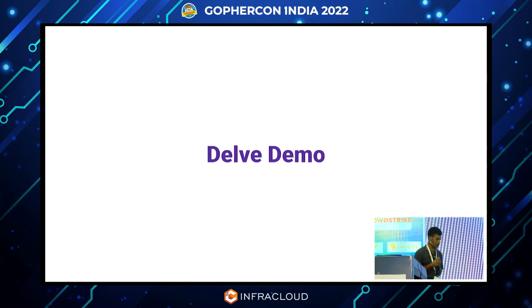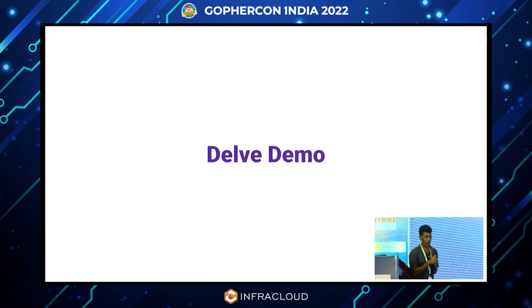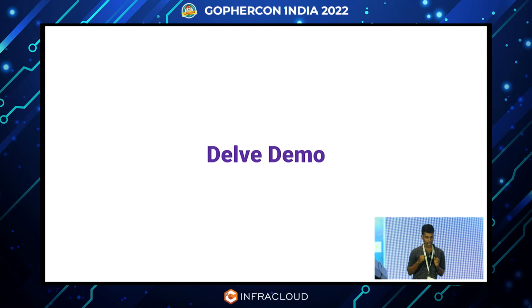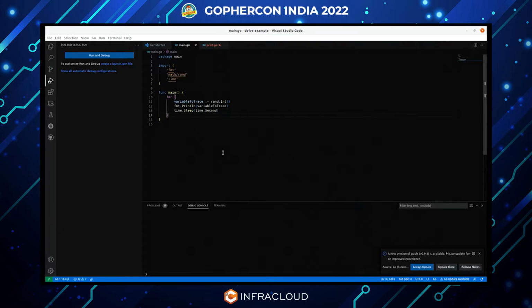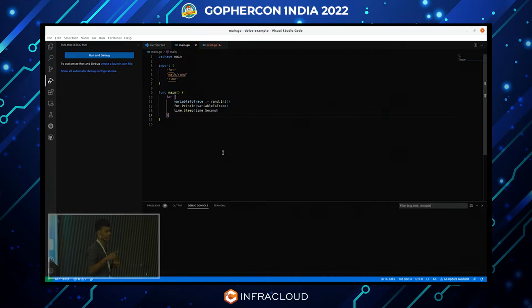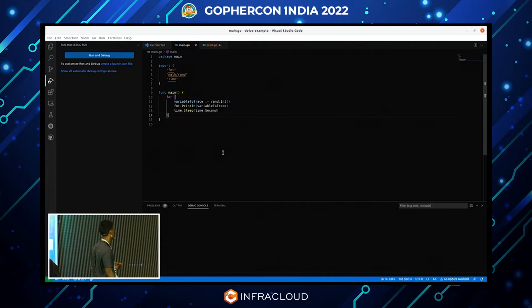Before we learn how a debugger works, let's have a basic understanding of what a debugger is. This is a simple Go program which has a for loop. There's a variable called trace, which has a random integer assigned to it. Then I'm just printing it and sleeping. It's just like an infinite loop.